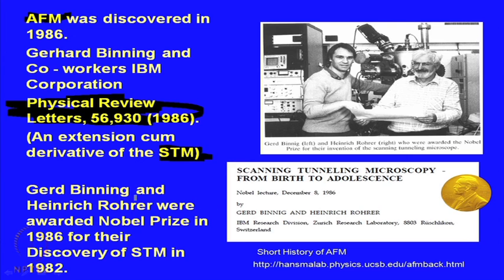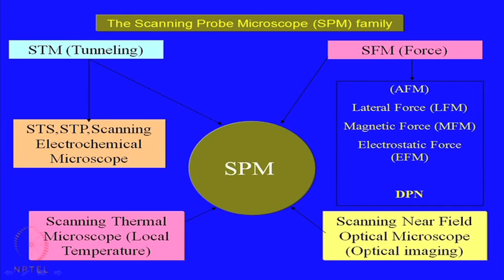And Binnig and Rohrer were awarded the Nobel Prize. The discovery was so unique that within 4 years of the discovery of STM, they got the Nobel Prize in 1986. Okay. If you are interested in the short history of AFM, here is a link you can look into, and you can get a very nice idea.